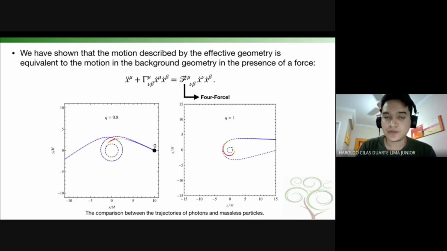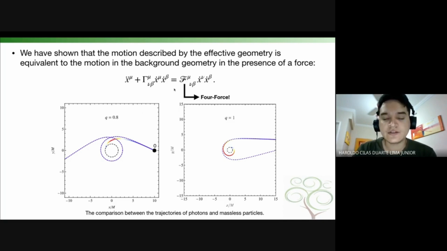So the physical interpretation for this result is that the nonlinearities of the electromagnetic field introduce some self-interactions as the photon, as the light rays propagate, and these self-interactions manifest as this force term here. So this is the effective result.